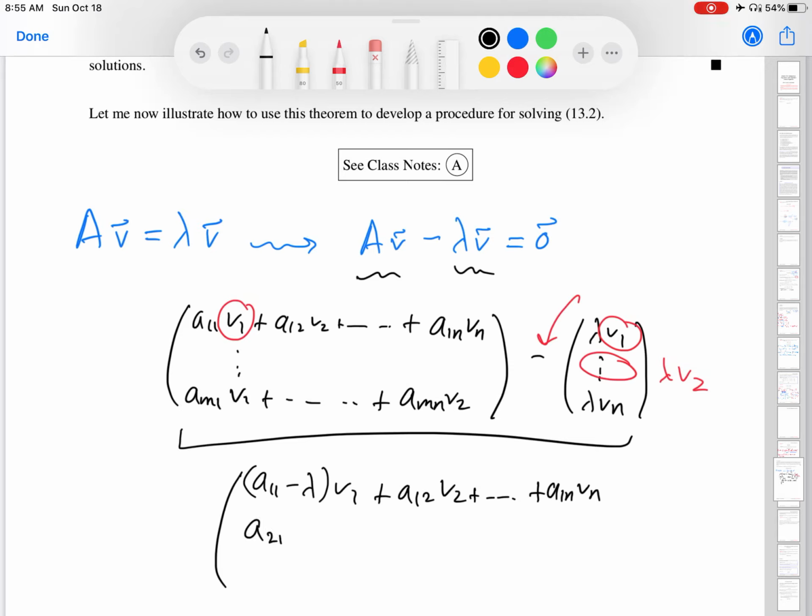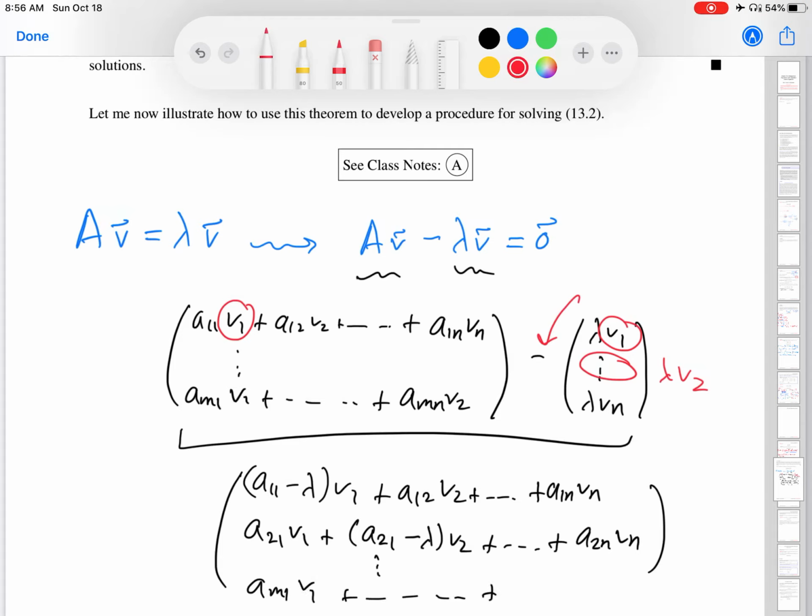I would have A21 V1 plus, and then I would factor A22 minus the lambda V2 plus all the way down to A2n Vn. All right, and then the very last row, you can maybe see what's happening here. When I subtract the lambda Vn up here, and I realize that this should have said an n over here, it is going to pair with that one. So I'm going to be able to factor out here Ann minus lambda Vn.